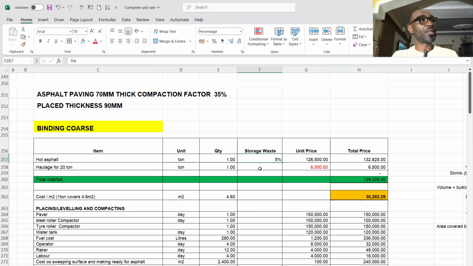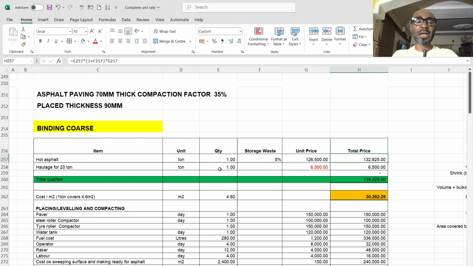And of course, during the raking, the rakers will not rake everything properly, so definitely there will be some little waste by the edges of the road. The 5% accounts for all of those wastes. That is what makes the 5% bring the 1 ton to 132.